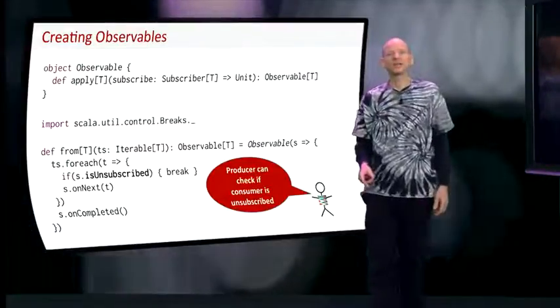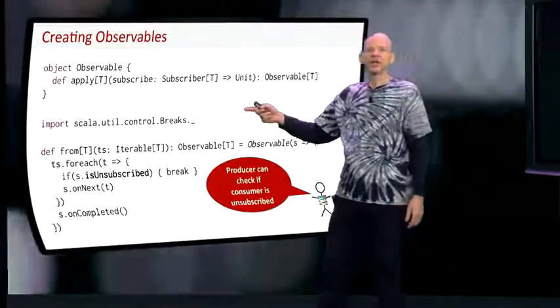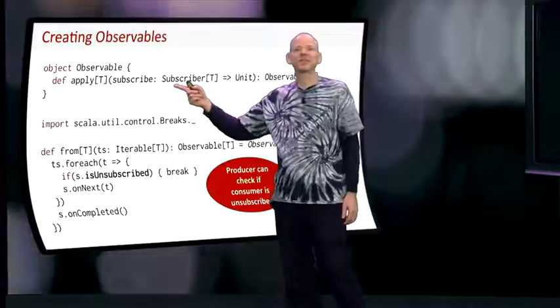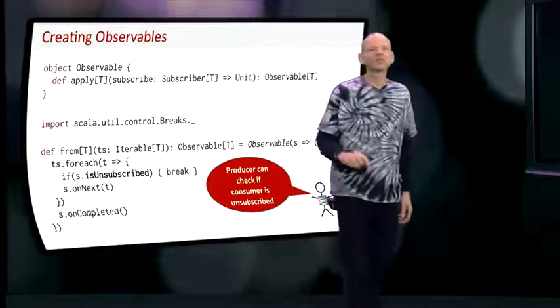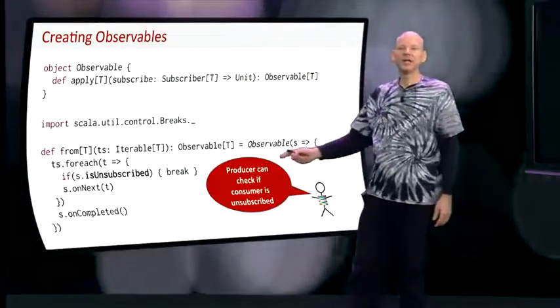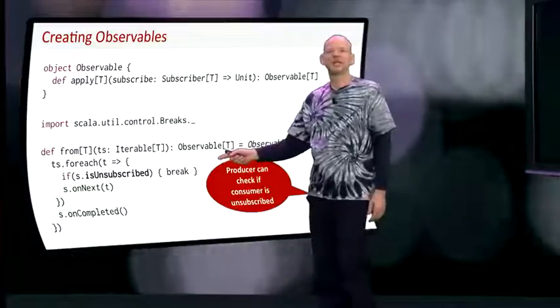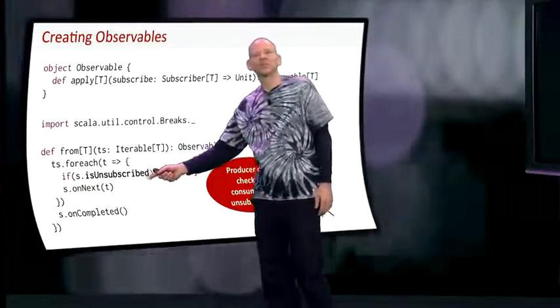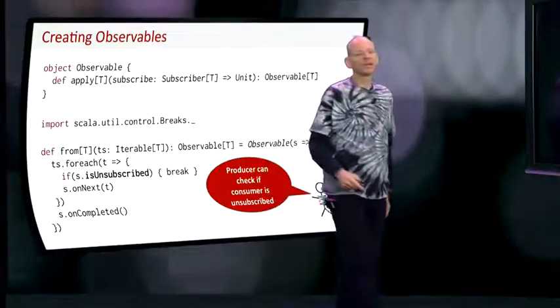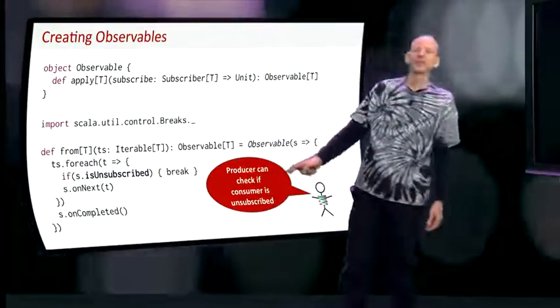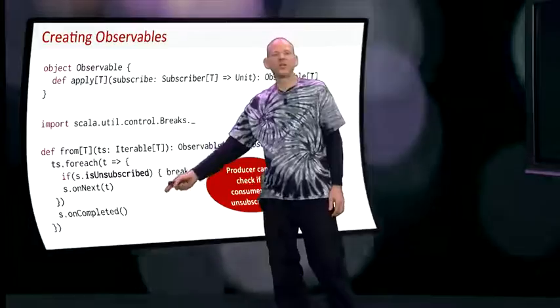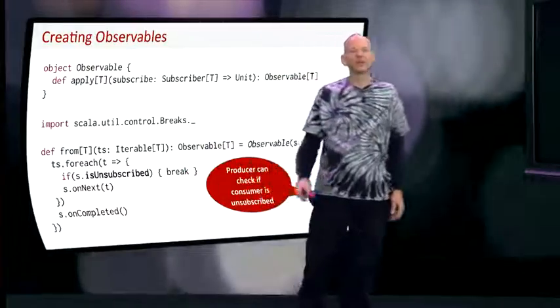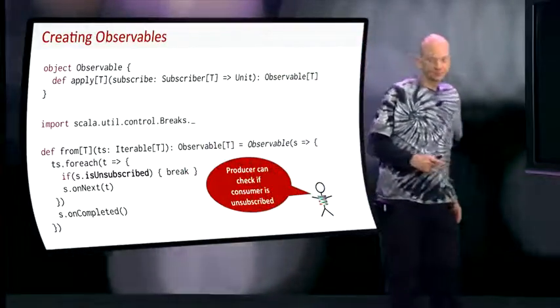And here what we do is we're using the apply method that takes a subscriber and returns unit. And what we typically do here is we take the iterable, we're foreaching over it, and as long as we're not unsubscribed, we're going to call onNext. When we're done, we call onCompleted.